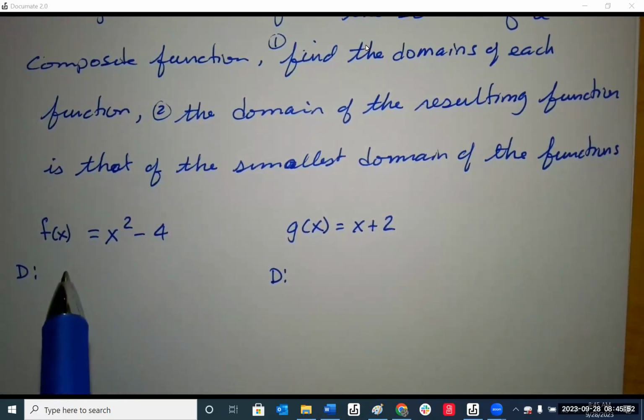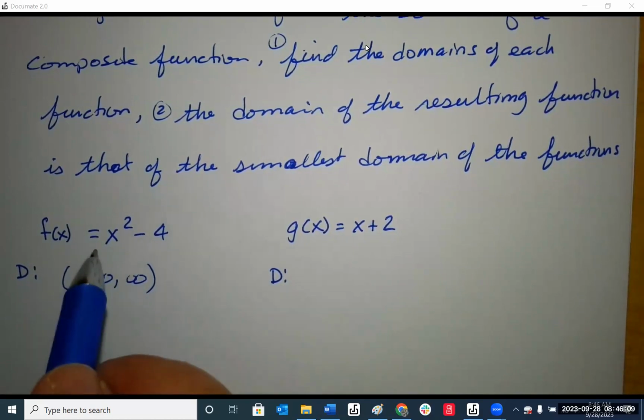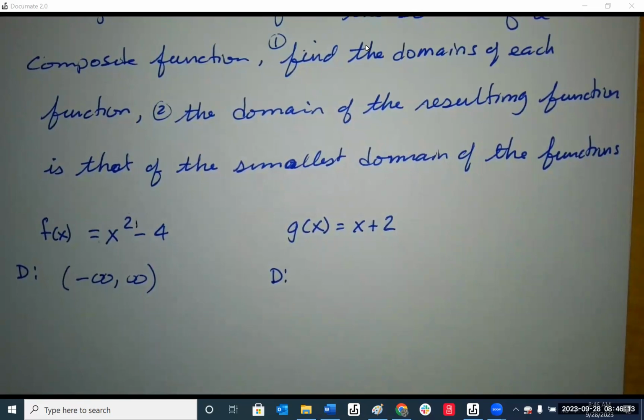Can x be positive? Yes. So we have negative infinity to positive infinity, all real numbers. Again, memorize that library function chart. If you know what the graph looks like for x squared, then you know what the domain is.